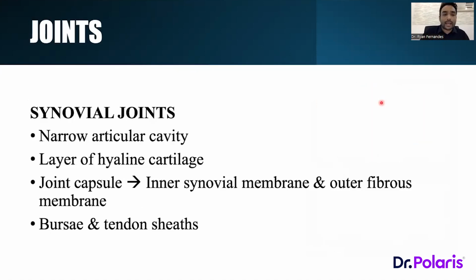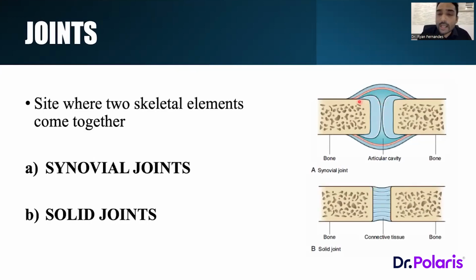We also spoke about a joint capsule. Now the joint capsule is composed of two layers, that is the inner layer as well as the outer layer. Now the inner layer is called the synovial membrane, the pink one, and the outer layer is called the fibrous membrane.